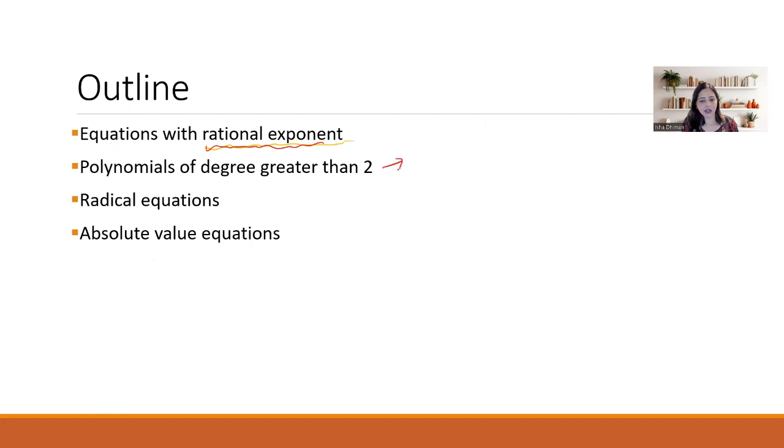As I said, when degree is equal to 1, this means we have a linear equation. So we have already seen how to solve that. And we have also seen how to solve degree 2 equations, which we specifically call quadratic equations. And then this will be followed by radical equations. It is clear from the name that here we'll see radicals in the equations.